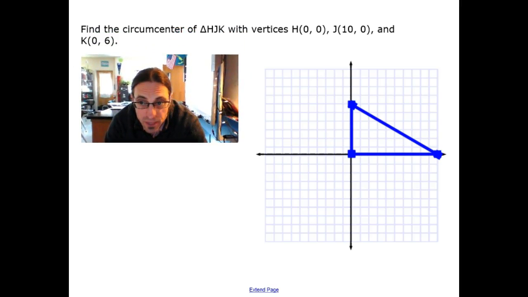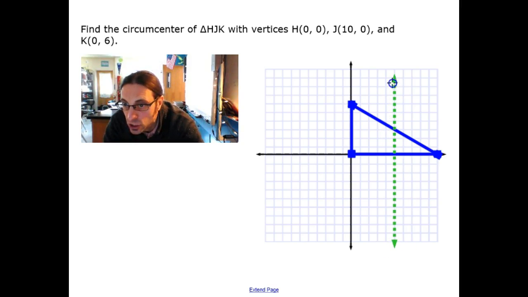Now, a little bit harder problem here. It says find the circumcenter of triangle HJK with vertices at (0, 0), (10, 0), and (0, 6). Well, you may recall that when you have a right triangle, the circumcenter occurs on the hypotenuse. Well, how do you find circumcenter again? Circumcenter is found by taking the perpendicular bisectors of the sides. Well, wait a minute. That's great, because if this is 10 units long, well, halfway is the perpendicular bisector.